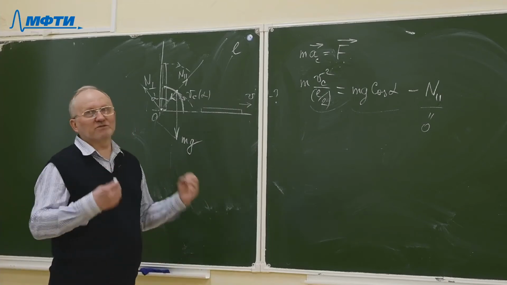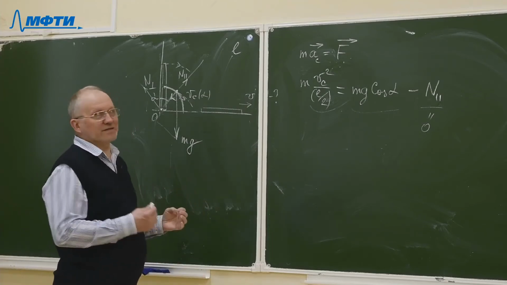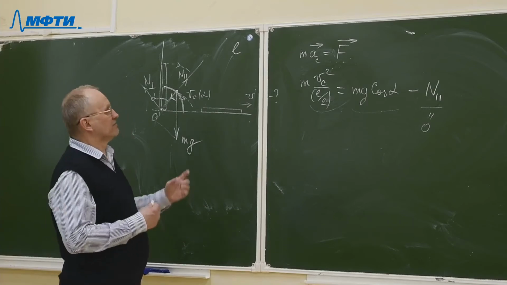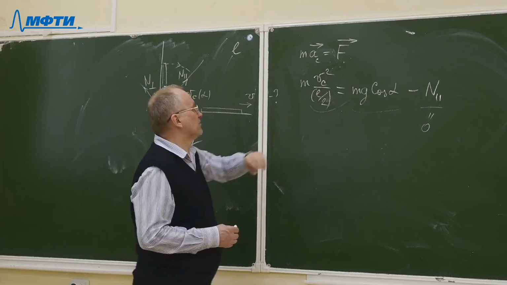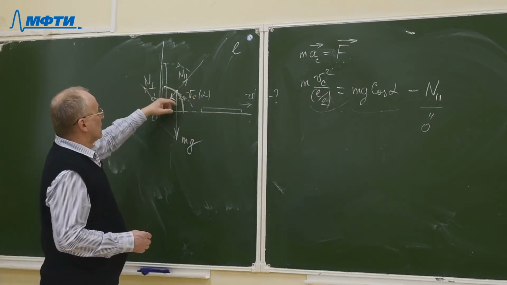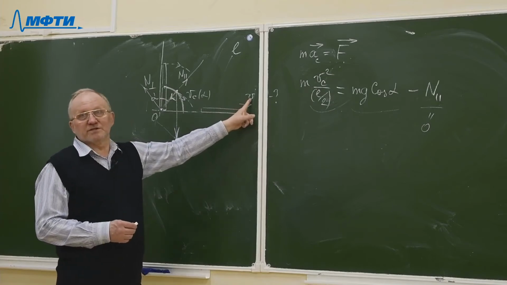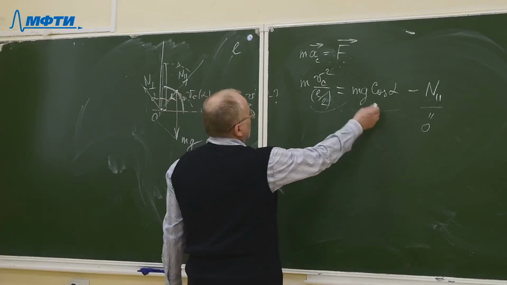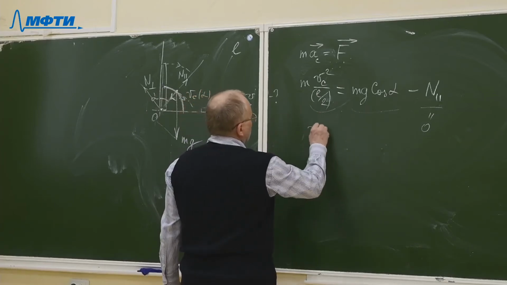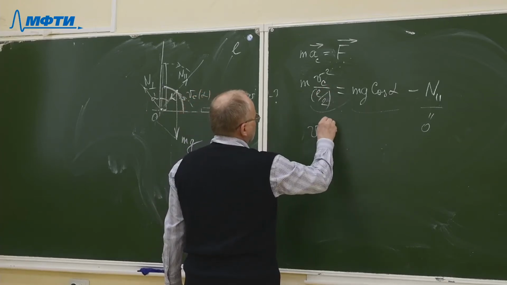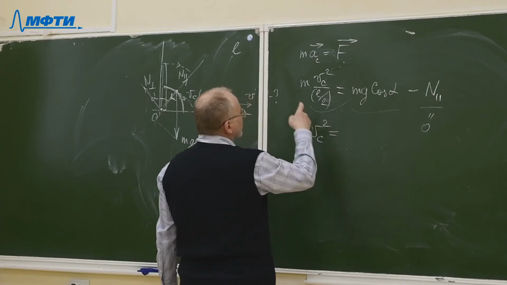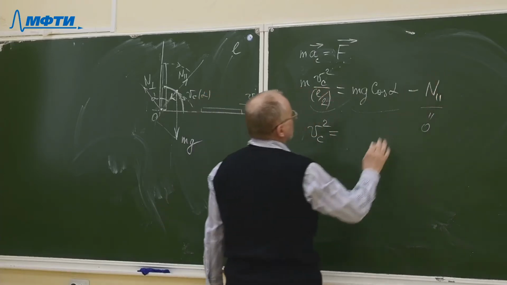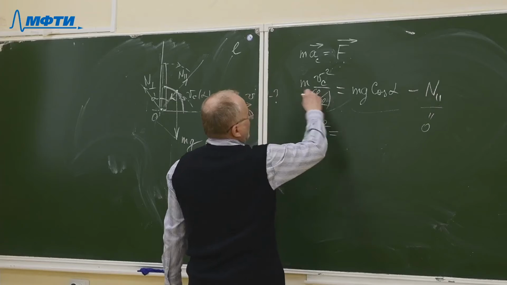And that is the moment we need to catch. We need to analyze this particular moment, because we will need to find this horizontal component of this velocity, because that will be the final velocity, v. So that velocity squared, the velocity of the center of mass at this particular point when N parallel equals 0, we can find it here.